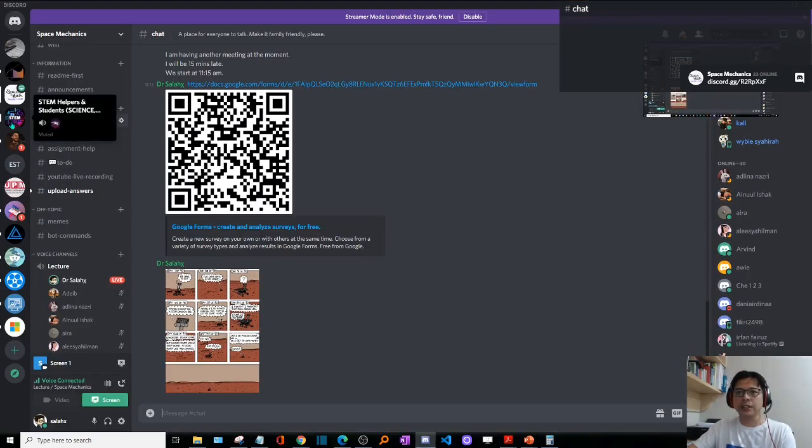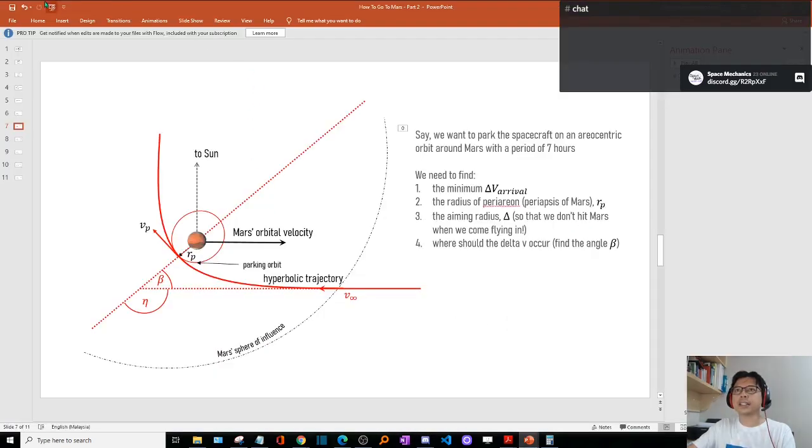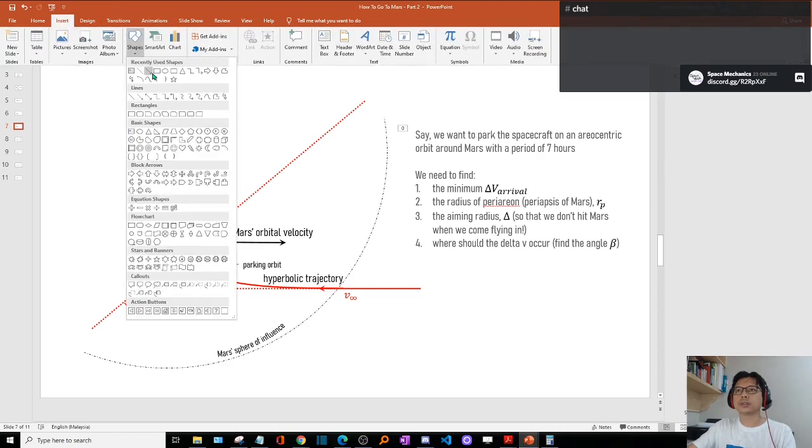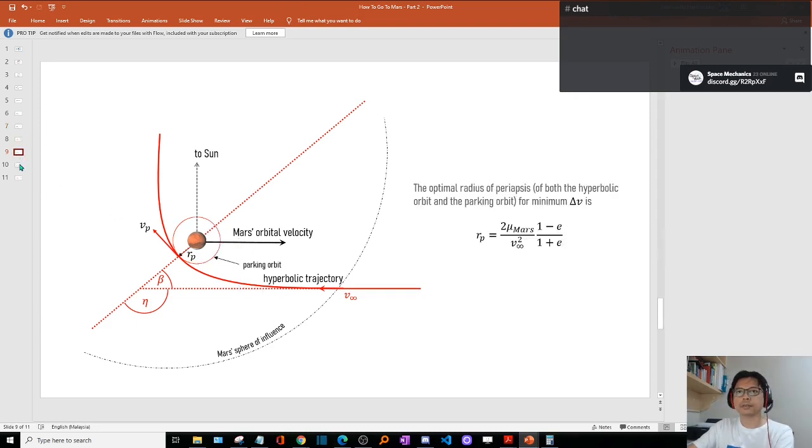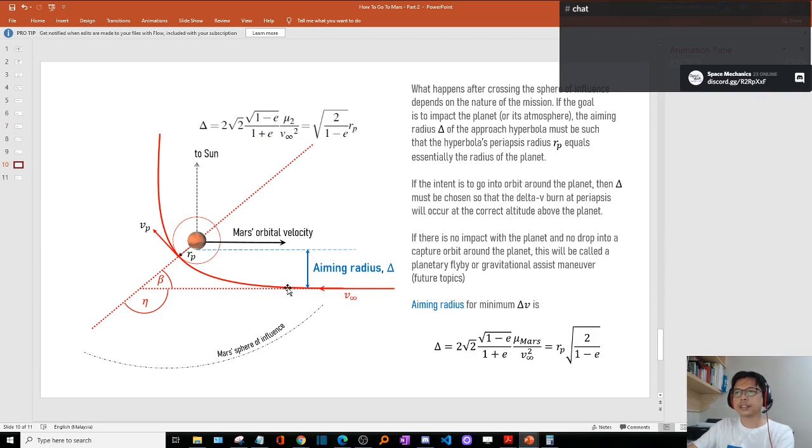Delta is the distance between the asymptote line of the hyperbolic orbit and the line through the center of the planet. I think I have a better figure here. Oh, here, aiming radius.